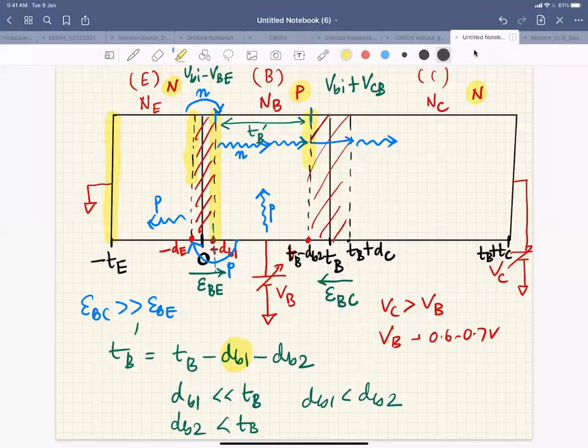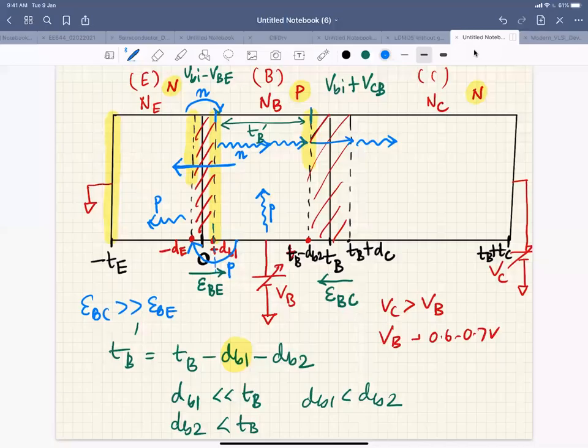If you look at the base emitter junction, we have electron current from emitter to base, electron injection from emitter to base. So there is a current. I could have an IEN.